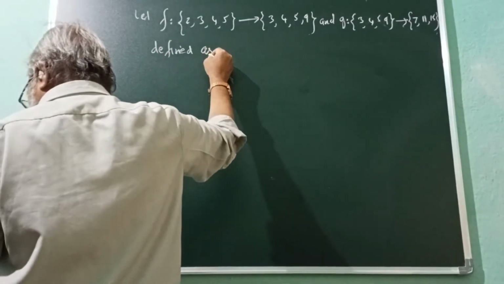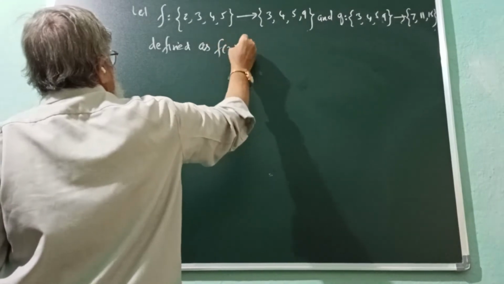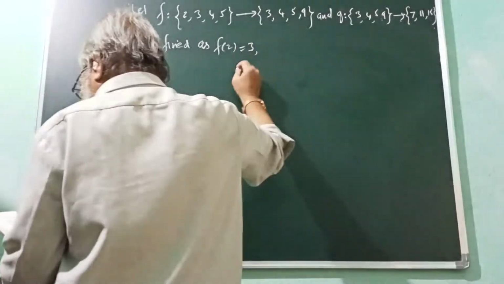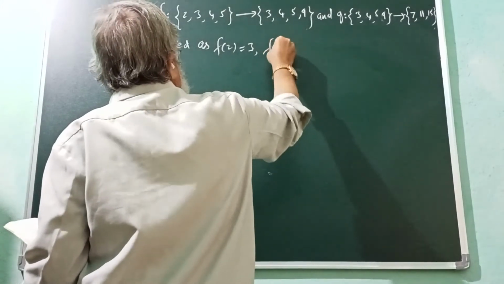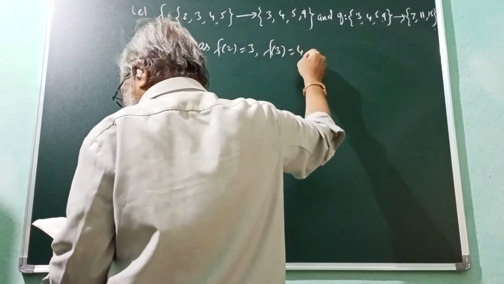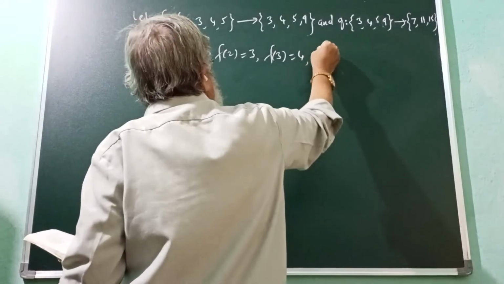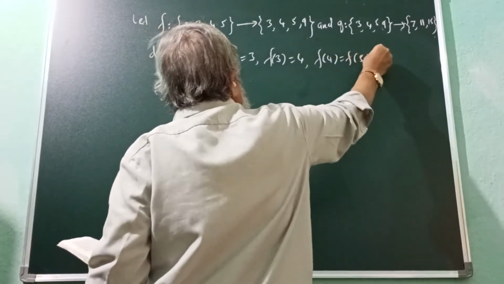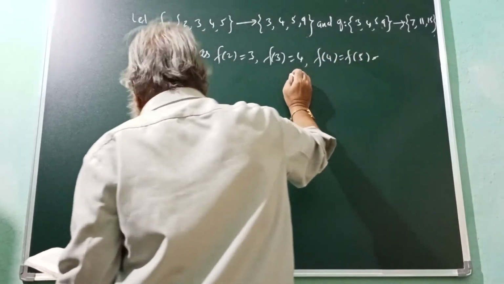Defined as f of 2 is equal to 3, f of 3 is equal to 4, f of 4 is equal to 5, f of 5 is equal to 5.